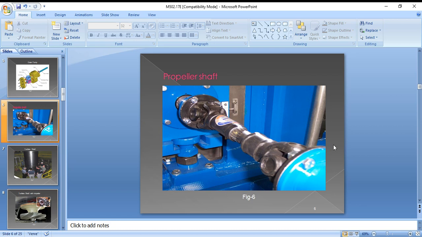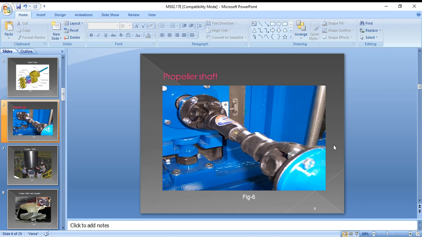The gearbox also has a shaft, which is used to change the speed of the vehicle, and from the gearbox the speed is transmitted to the rear wheels. In between the gearbox and the rear wheels we use shafts, and those shafts we call propeller shafts.